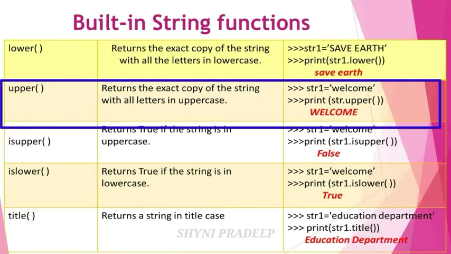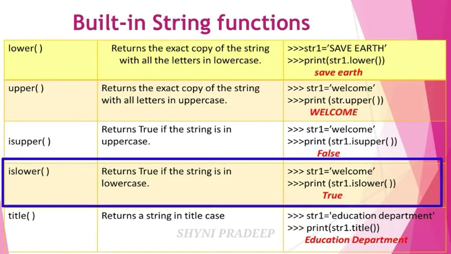It returns an exact copy of the string with all letters in uppercase. If you give a string with lowercase letters, it will return the output in uppercase letters. Okay, if you give the string welcome in lowercase letters, this upper function will return it as uppercase letters.